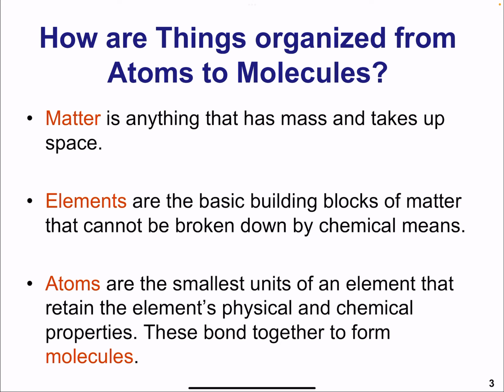These atoms for a given element are the smallest unit of that element that still retain all the physical and chemical properties of that element. In other words, if an atom somehow is broken into pieces, then the element that atom was representing does not exist anymore.